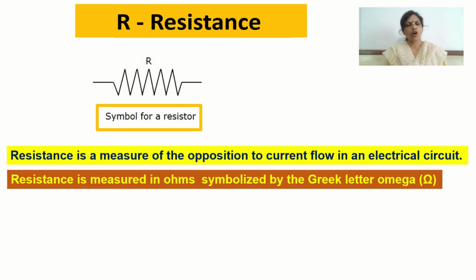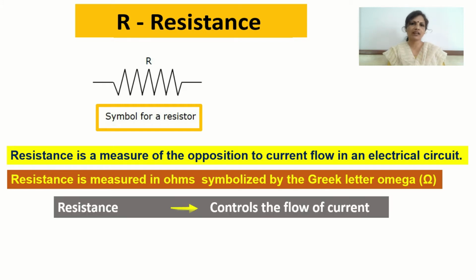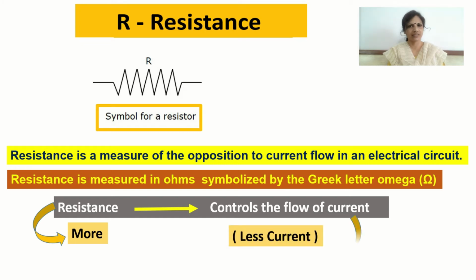Now, opposition to the flow of electric current sounds slightly negative for the resistance, but it is not like that. Resistance is very important in an electrical circuit because it controls the flow of electric current. If the value of the resistor is more in an electrical circuit, then the current flowing through the circuit is less.